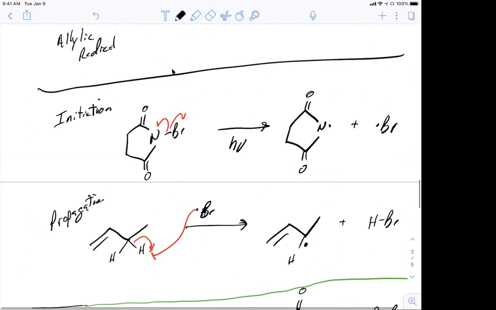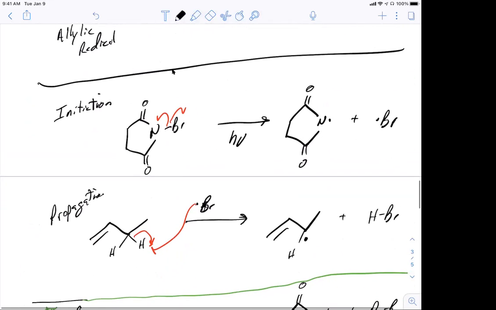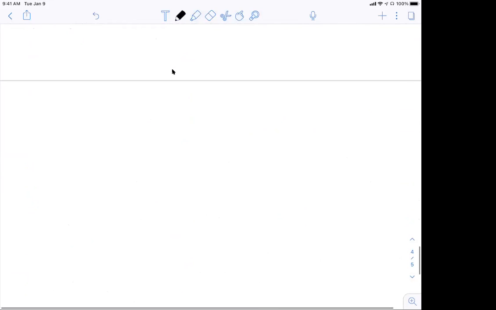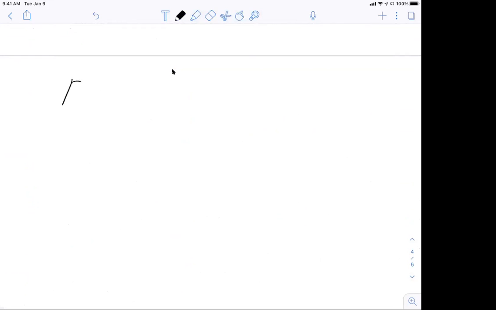So these are very selective. They add one bromine to the allylic position. You can also use them for benzylic positions.